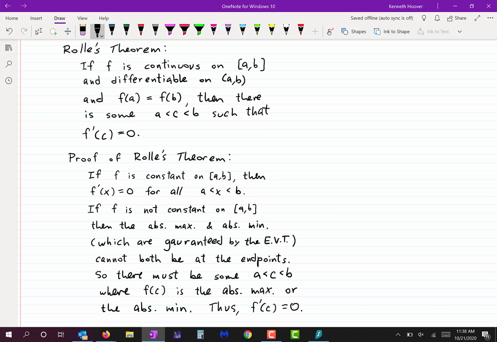So c is not at the endpoints. f prime of c exists because f is differentiable. So therefore, the only way f of c could be the max or the min is if the derivative is 0. Okay, so just pause the video and look at that for a minute. That's Rolle's theorem.